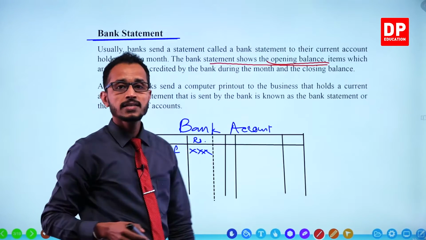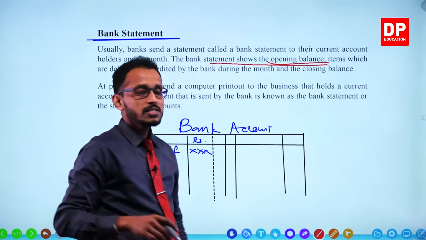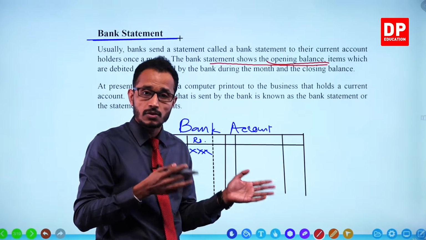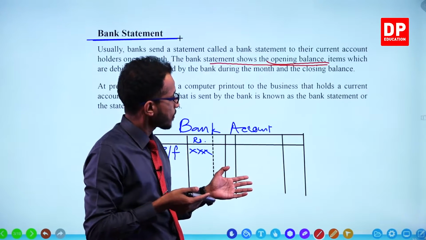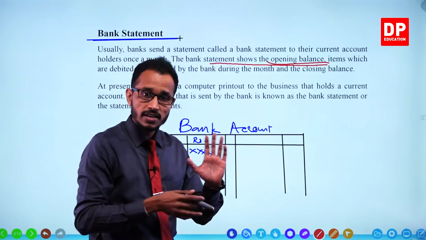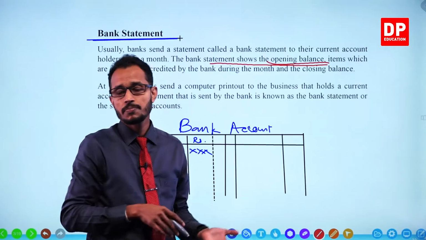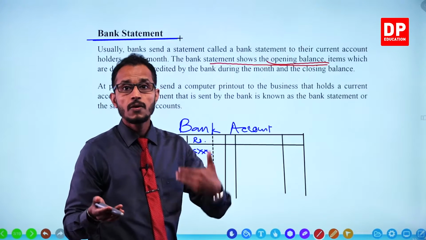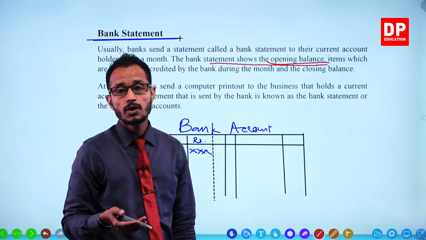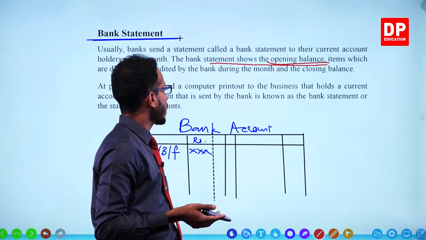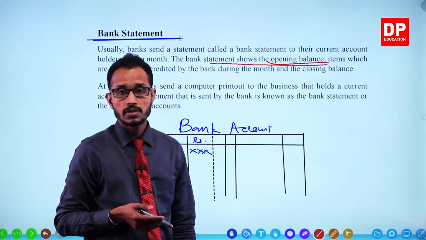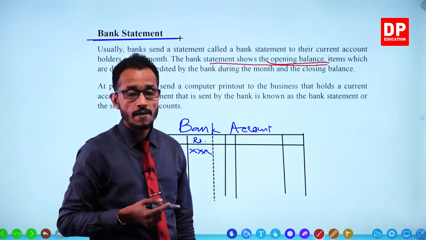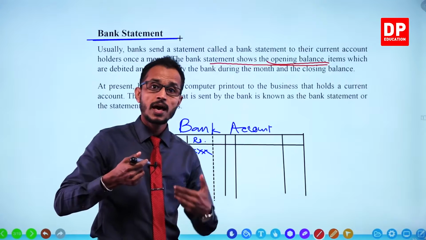We're talking about the bank statement, right? In a sense, children, what I mean is it comes to the closing balance. What that means is the final remaining balance of the bank account. That is the balance carried down that we calculate in our account prepared by us, the closing balance, which is calculated by us in the bank account that we prepare.